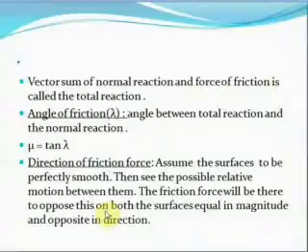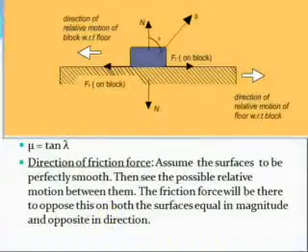Now let's see what is the total reaction force acting on a surface. The total reaction force acting on a surface is the vector sum of the normal reaction and the force of friction acting on the same surface. Suppose there is a block which is kept on a surface, and the block is moving in the left hand direction.